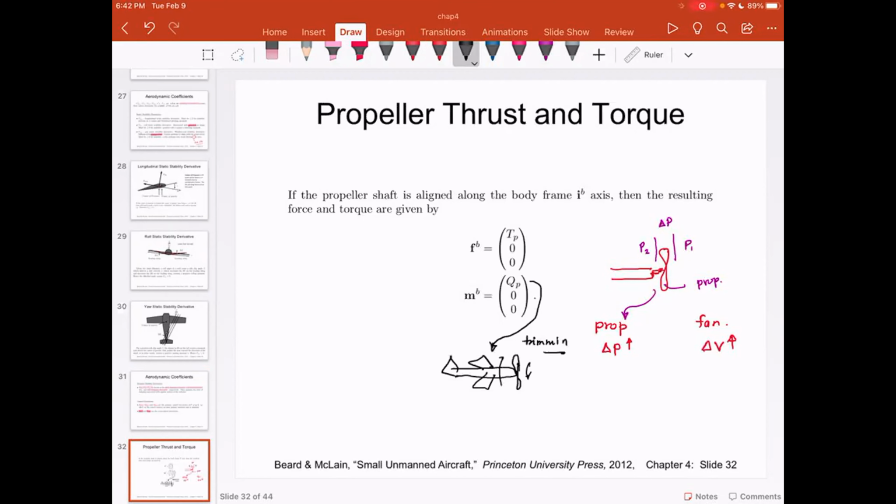Otherwise, if you don't have trimming, then the aircraft will continuously roll, and you don't want that. So basically there are trimming tabs on the aircraft that are activated or aligned so that the counter torque is compensated. And this T is nothing but the thrust, and thrust is nothing but delta P multiplied by the area of the prop.